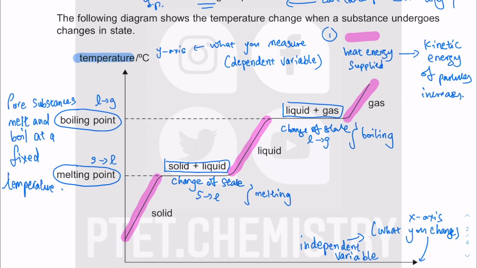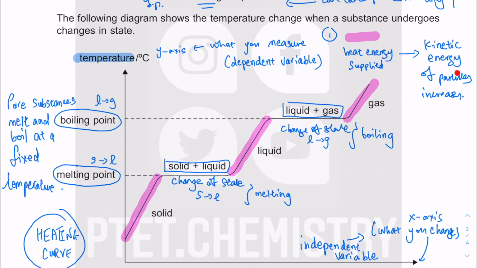You are continuously supplying heat, because this is called a heating curve. That's why the temperature is going up, because you are supplying heat. Here, the heat that you supply goes to increase the kinetic energy of the particles.